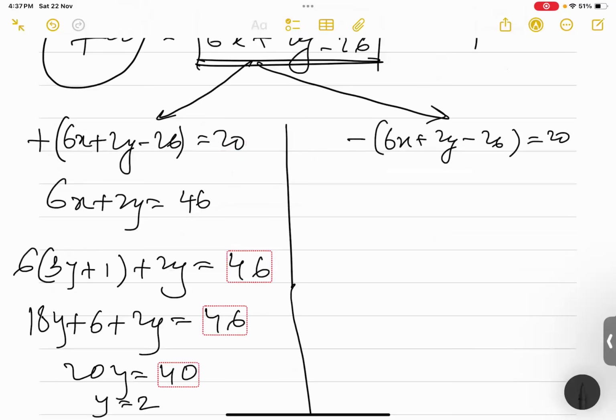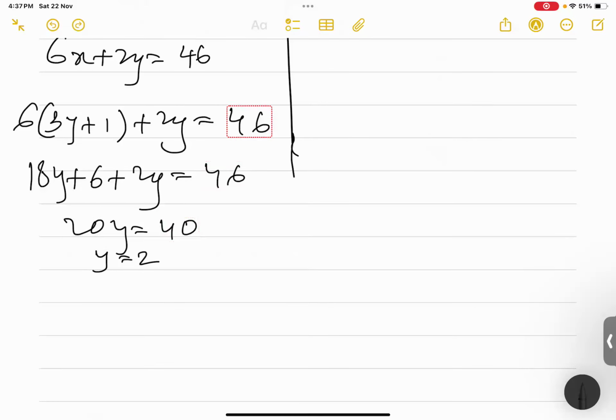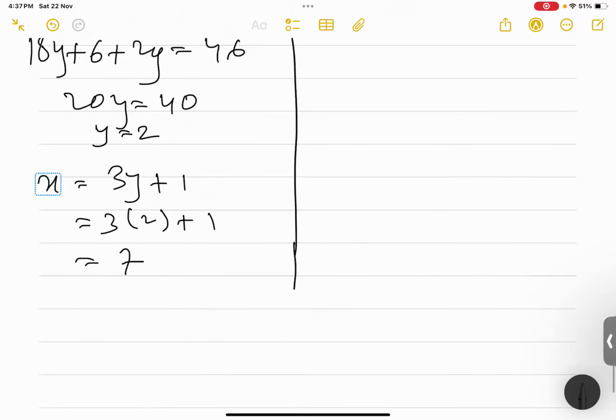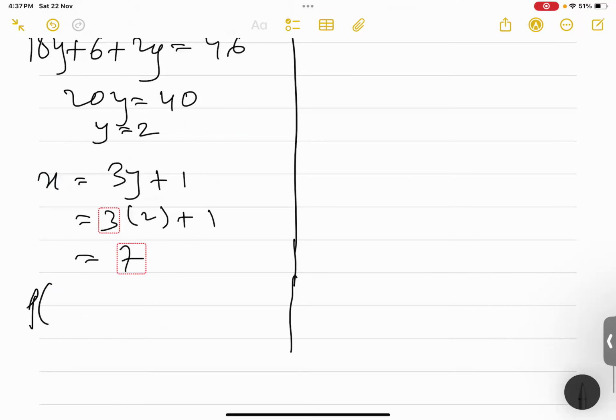And if y is equal to 2, x is equal to 3y plus 1, 3 into 2 plus 1, 7. So the first possibility of P (x, y) is (7, 2).